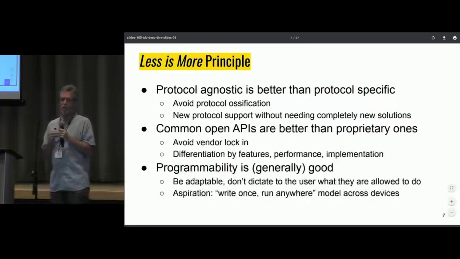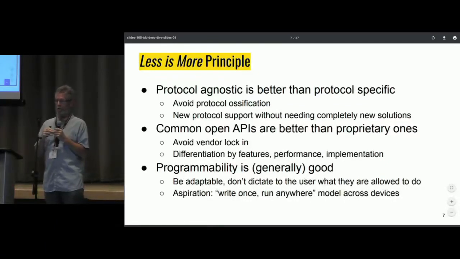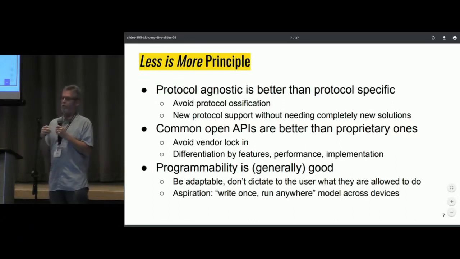In terms of developing offloads and NIC development in general, in the Linux community at least, we kind of enshrined some of the principles in something called less is more. And I want to give three components of this. First of all, protocol agnostic mechanisms are better than protocol specific.